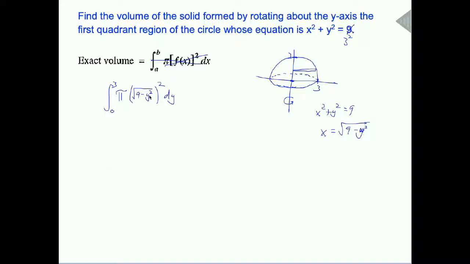And then we can simplify this a little bit. We can bring the pi out here. This is integrated from 0 to 3. The square root and the squared cancel, so it's just 9 minus y squared dy.